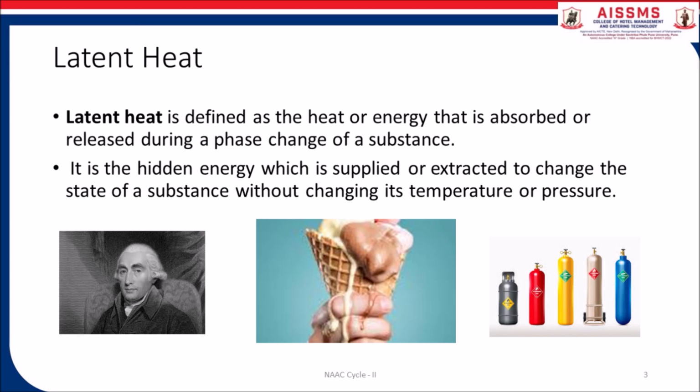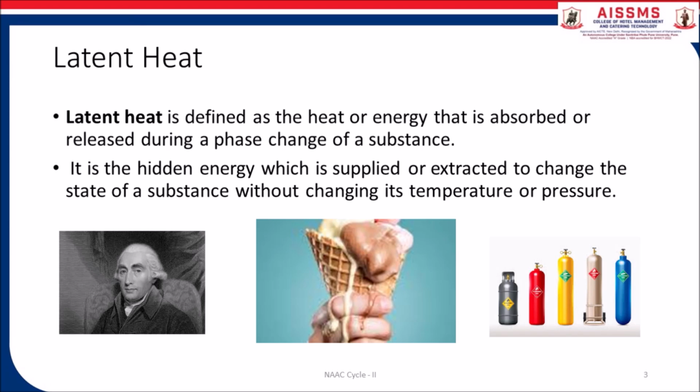What do you mean by latent heat? Latent heat is also known as latent energy or heat of transformation. It is defined as the energy released or absorbed by a body, which can also be defined as the heat or energy that is absorbed and released during the phase change of a substance.